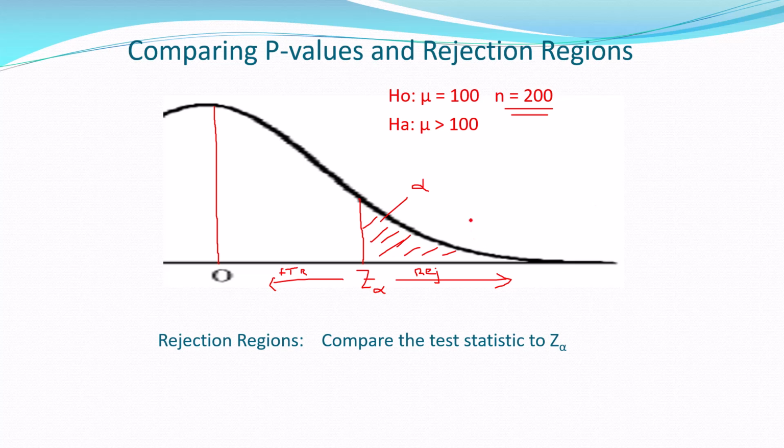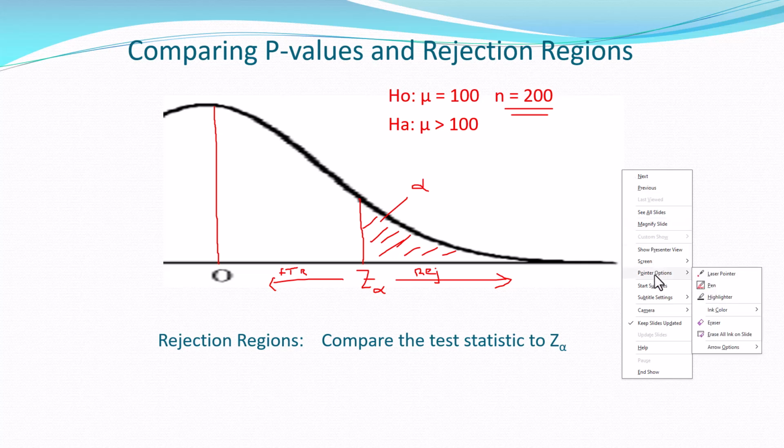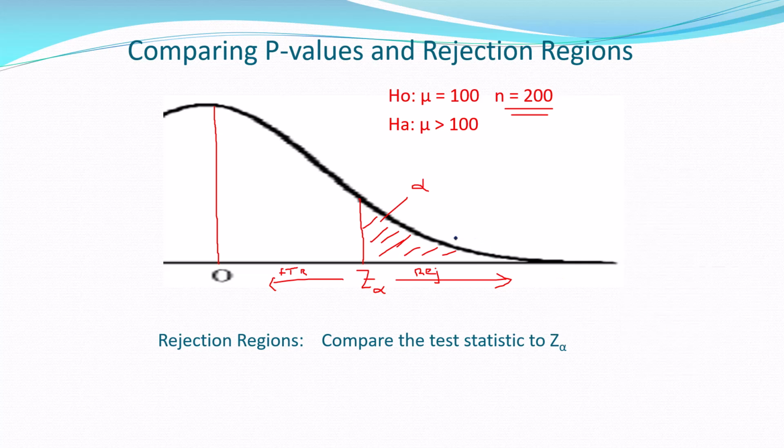Now the p-value approach is going to take a different approach. I'm going to get a different color ink for this. Let's get a nice blue color here. The p-value is found by taking a look at the test statistic. So let me draw a test statistic over here in blue. Let's call it TS.